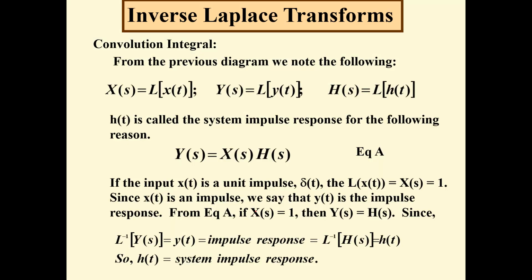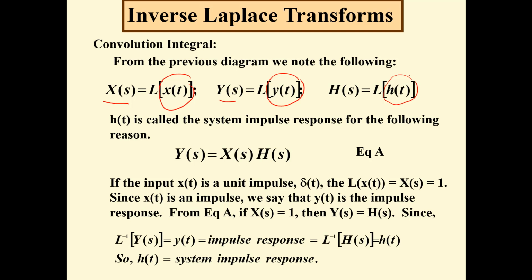Okay, so from the previous diagram, we know that X(s) is the Laplace transform of x(t), the input of the system in the T domain, and Y(s) is the Laplace transform of y(t), the output in the T domain, and H(s) is the Laplace transform of the impulse response in the time domain.